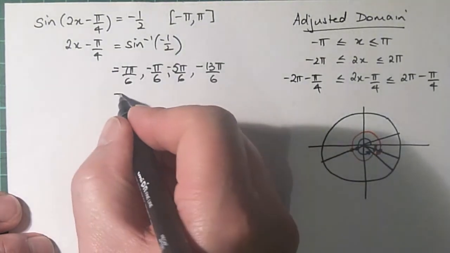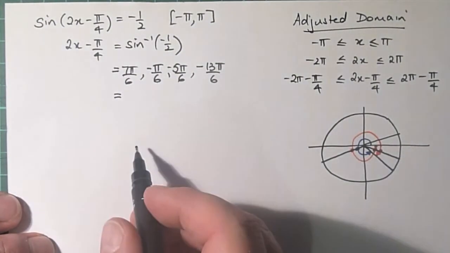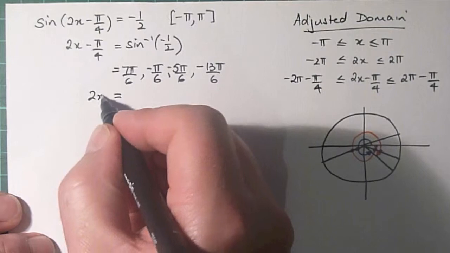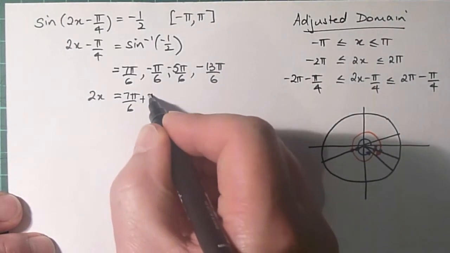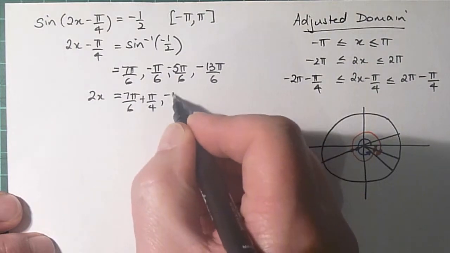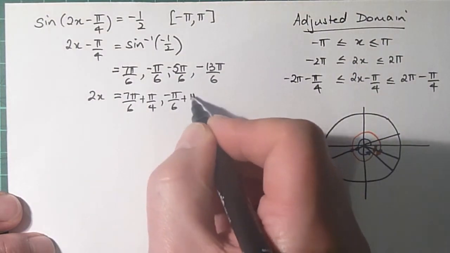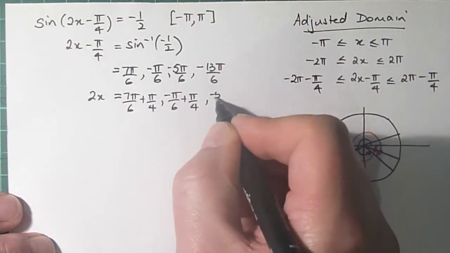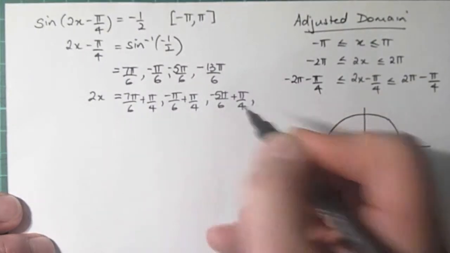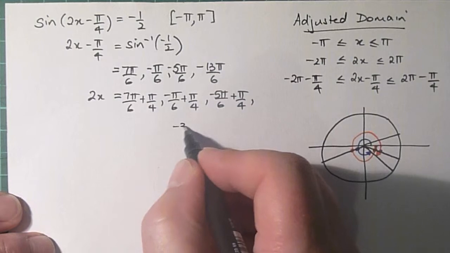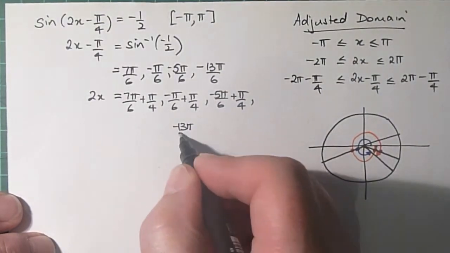So let's do that. We now need to add pi on 4 to both sides. So we'll do that to each of these. Just keep going down here. It's 13.